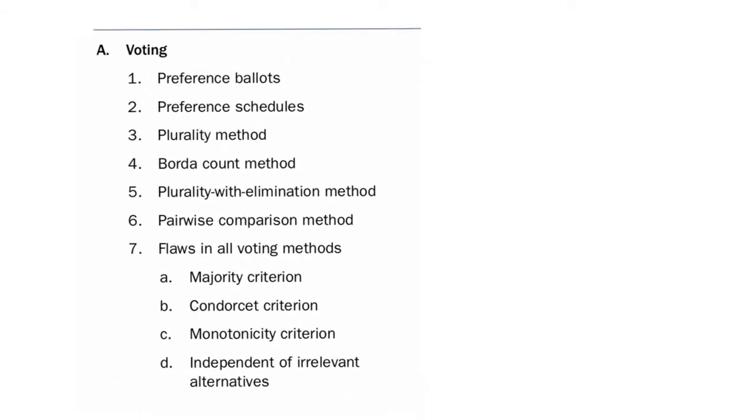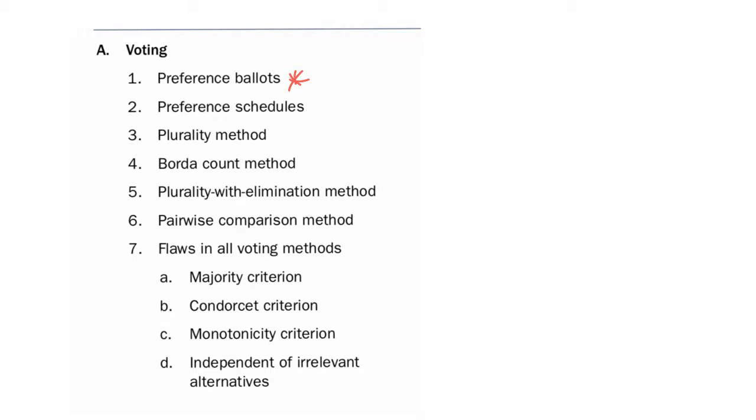So what do we have here? What we have here is preference ballot. So I'm going to put a little star next to that. Preference ballot is basically when the voters are asked to rank candidates in order of their preference.